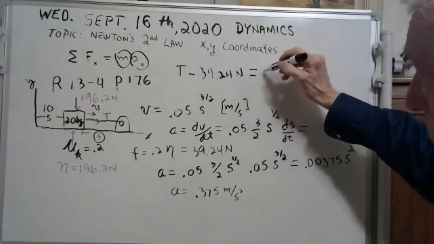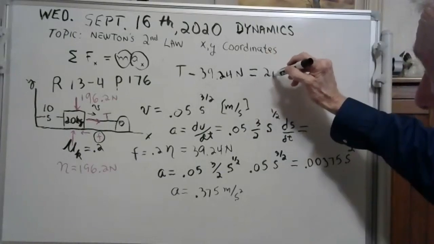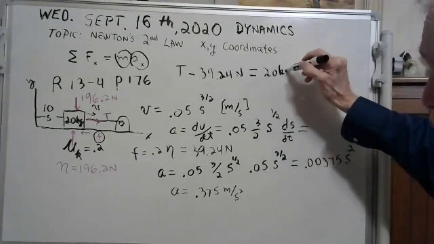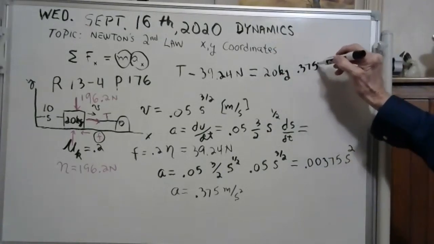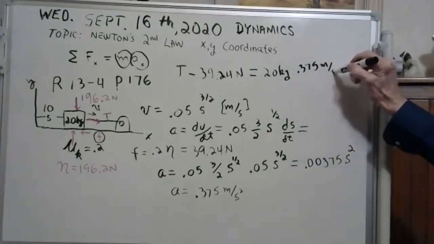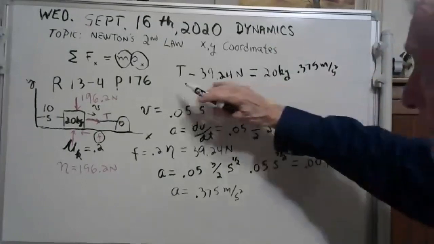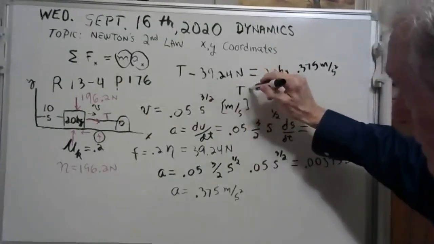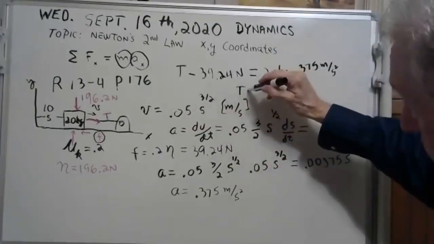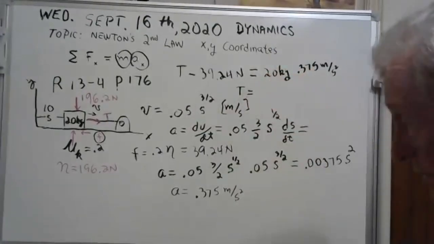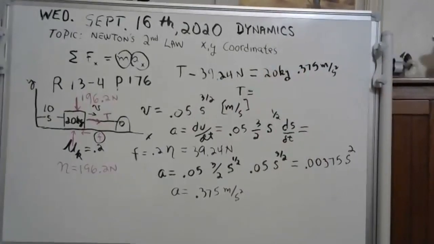And that's equal to the mass, 20 kilograms times 0.375 meters per second squared. Now we're going to plug that in and we're going to get the tension. Now do that, and I'll call on another wonderful student here in just a minute, and we're going to get the tension. Go for it. Find the tension.